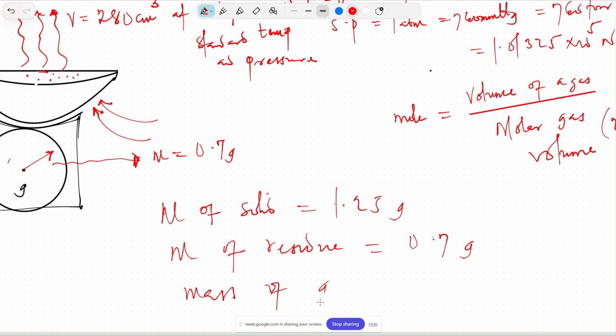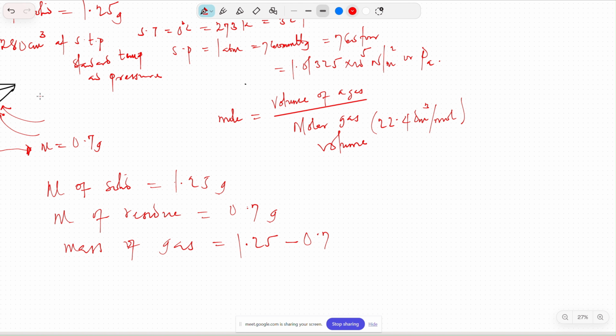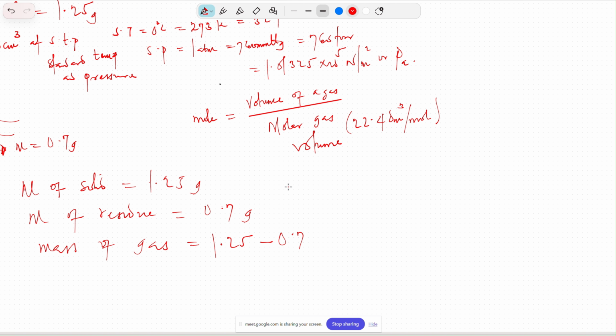The mass of gas will be what? Equals 1.25 minus 0.7. What do we have, please? Somebody help with that.